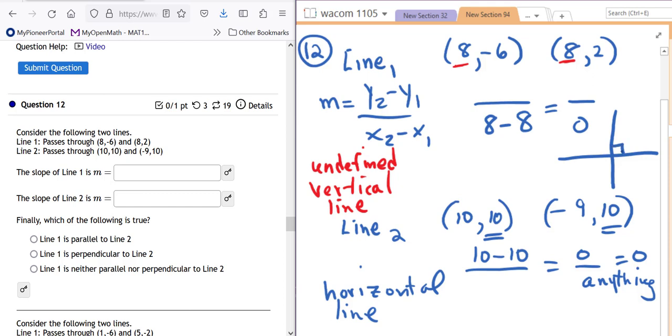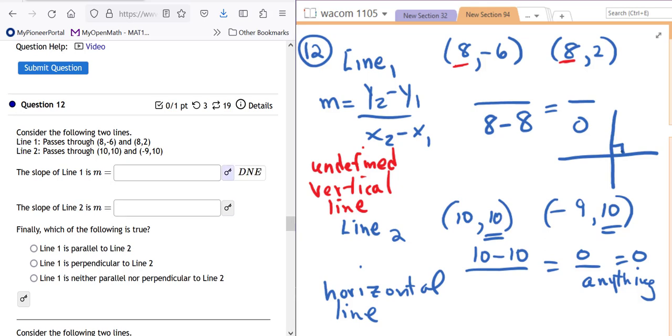They come together at a 90-degree angle, so they are perpendicular. That is what perpendicular lines do, but it's kind of a different approach you have to deal with on this one. So this one is the undefined, that's our vertical line. This one, 0 slope, is a horizontal line, and they are perpendicular. Okay, so special case.